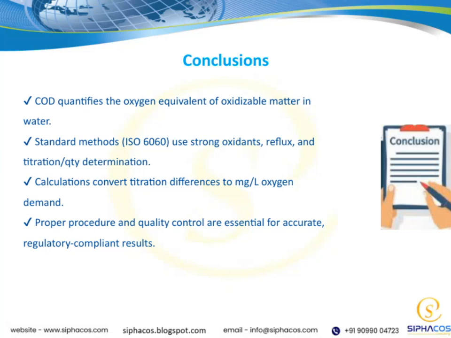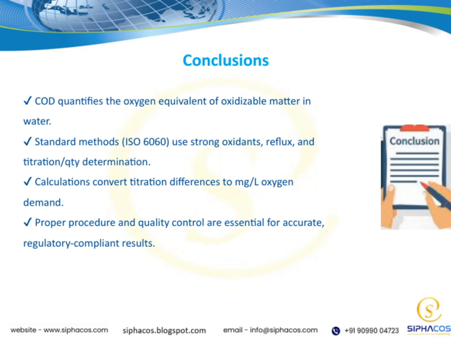Let's go over the key takeaways from this slide. First, COD stands for chemical oxygen demand, and it essentially measures the oxygen equivalent of the organic matter that can be oxidized in water. This gives us an important indicator of water quality and pollution levels. Next, we rely on standardized methods, like ISO 6060, which use strong oxidants, reflux steps, and titration techniques to determine the amount of oxidizable material.